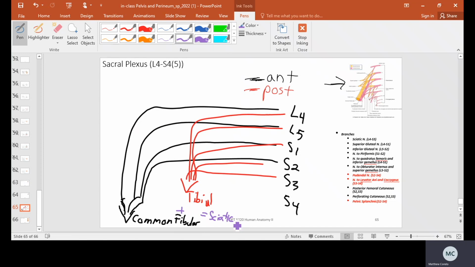Did you say that the tibial was anterior or posterior? The tibial is anterior. Yep. Common fibular is posterior. I drew it backwards. I do that.